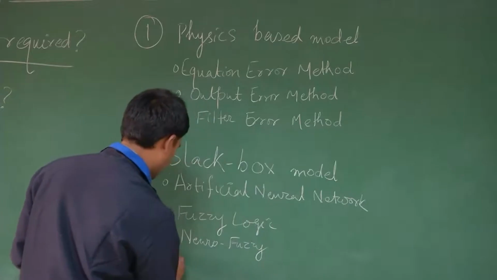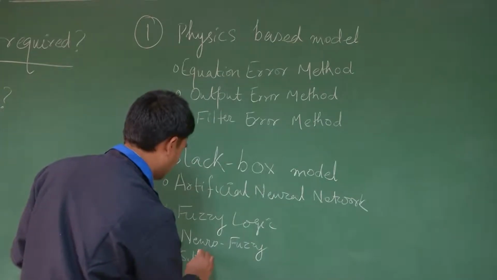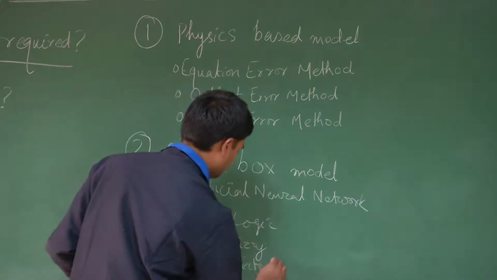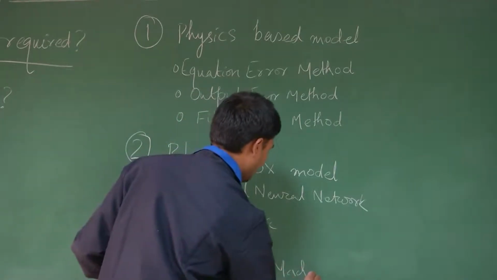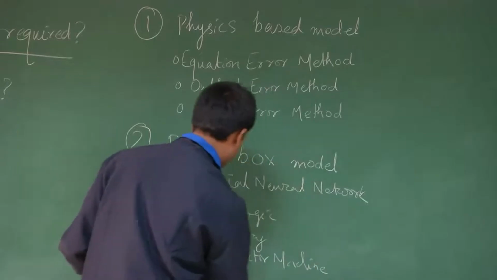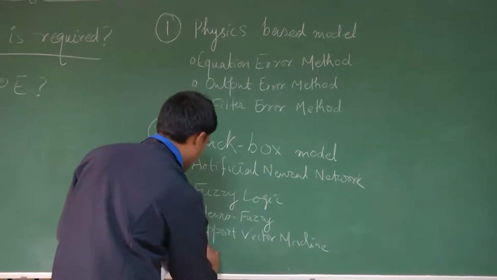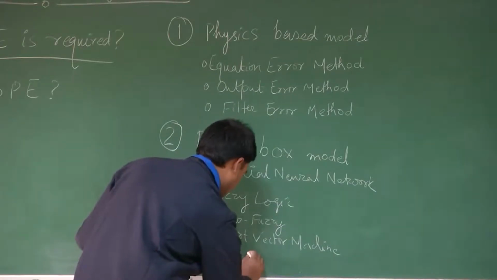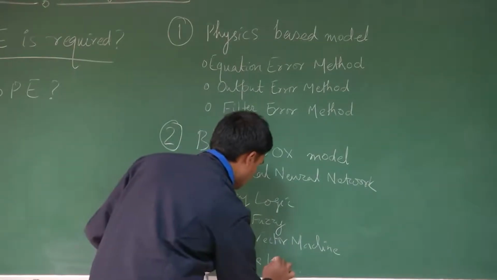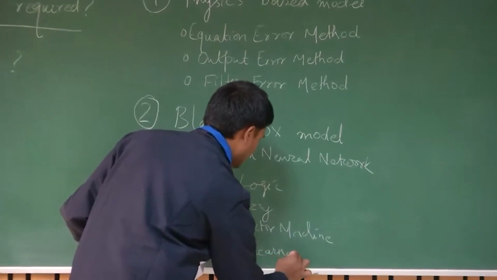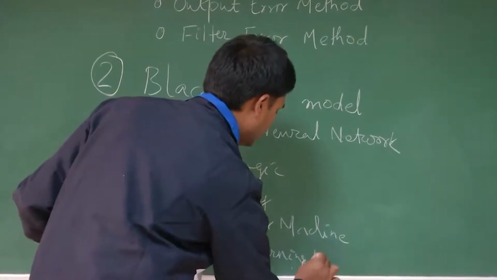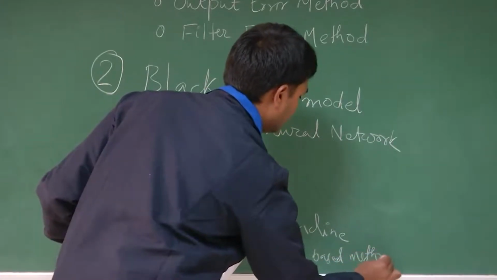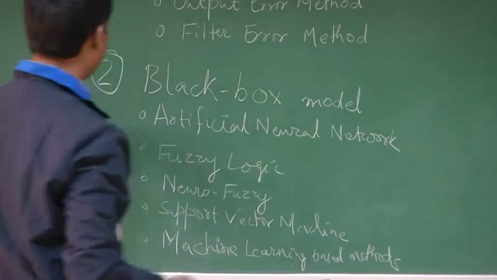And other methods can be support vector machine, SVM, and many more methods are there. You can also write about machine learning based methods, right? So these all are your black box models.